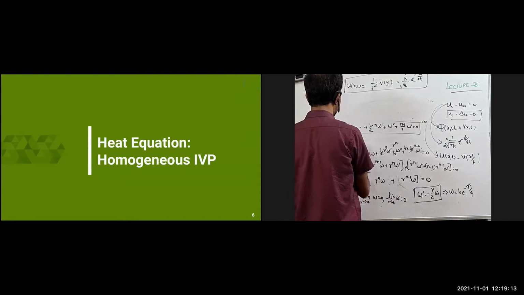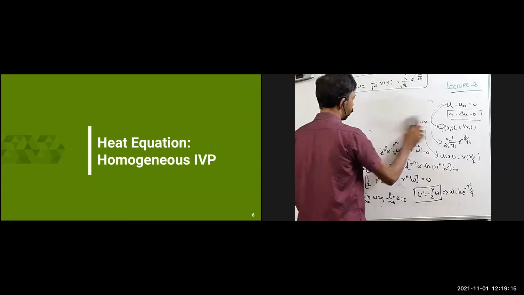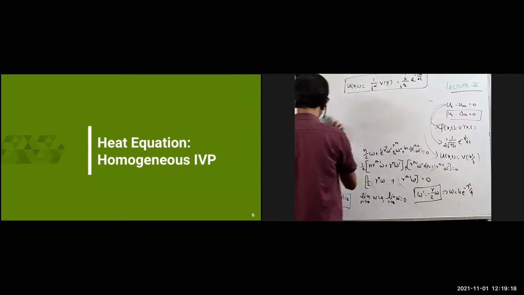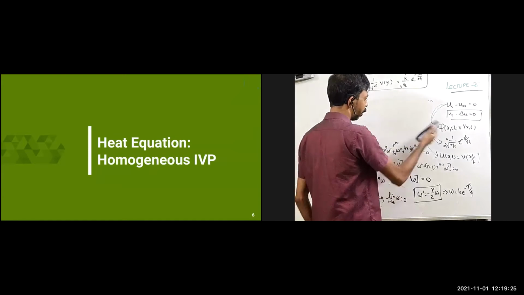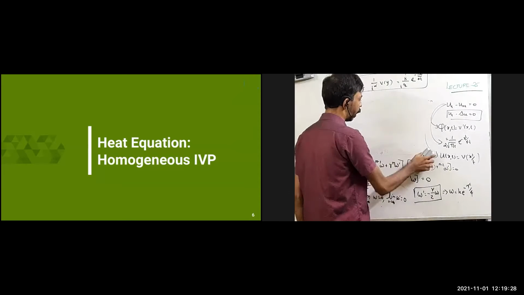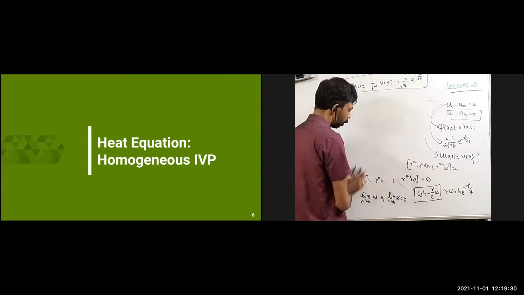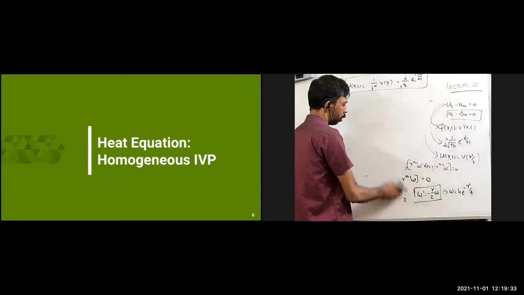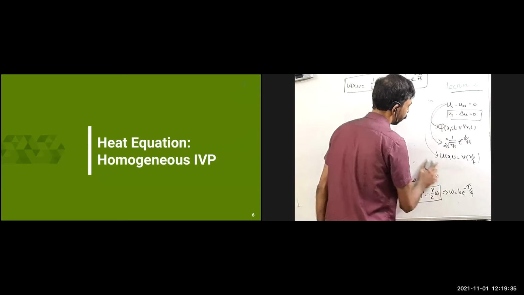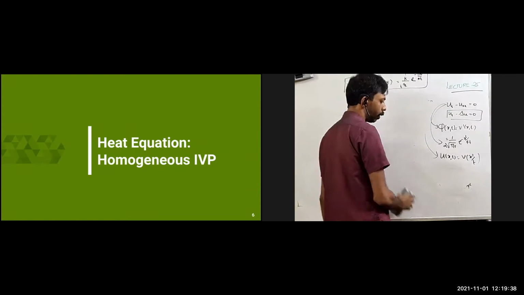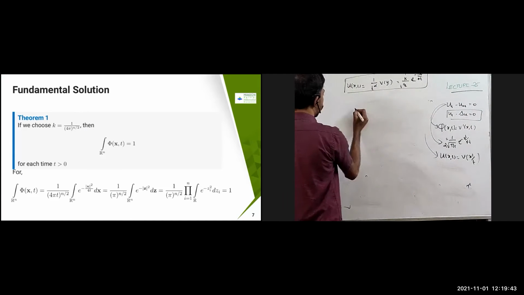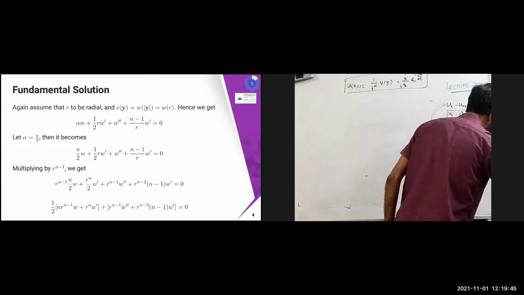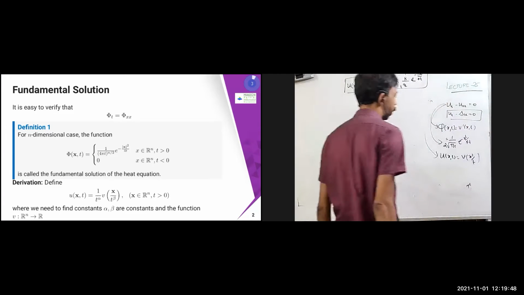Okay, so let us determine k. Let us assume some k. I'm going to choose my k in such a way that my phi is going to become 1. The phi we have defined in the fundamental solution. So this is the derivation part which I am just doing: how did we arrive at this fundamental solution?